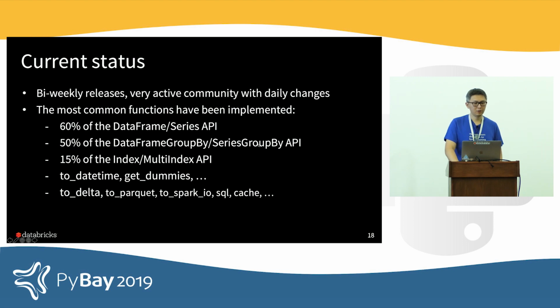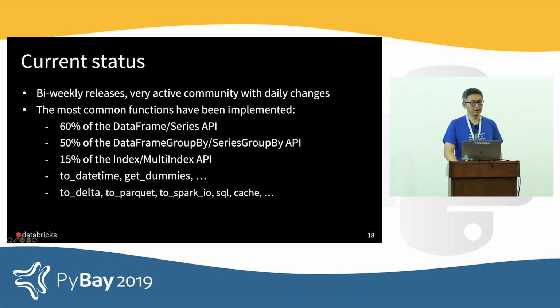So now we have already implemented 60% of the Pandas DataFrame and series APIs, 50% of the DataFrame groupby and series groupby APIs, and 15% of the index and multi-index APIs. And many other utility functions like to_datetime, get_dummies, and also some Koalas-specific APIs like to_delta, so you write the data in Delta format.